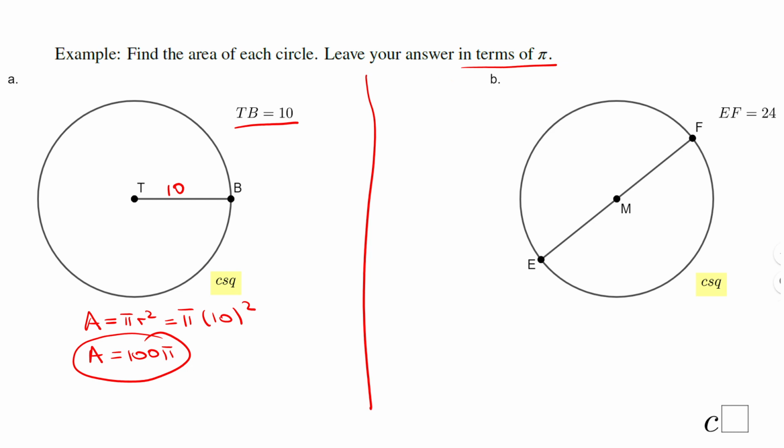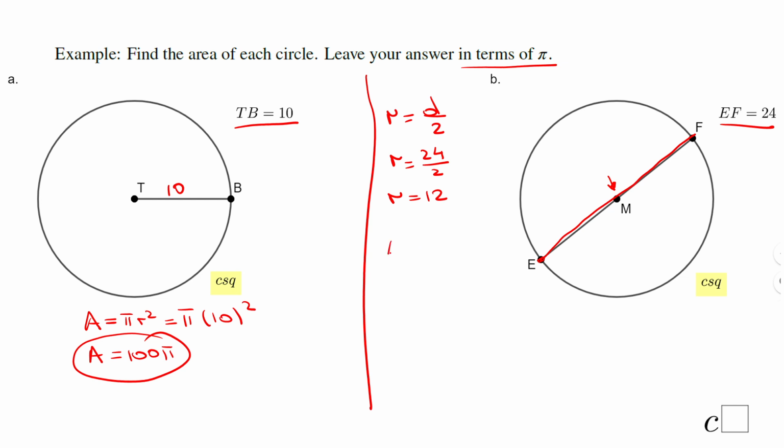On the second part, very similar question. However, now if you take a look, we have EF. EF now is the diameter. You see, this is the longest chord. It goes here through the middle. So the first thing I'm going to do, I'm going to find the radius. The radius is half of the diameter. So in this case, we have 24 divided by 2, and we end up with 12.